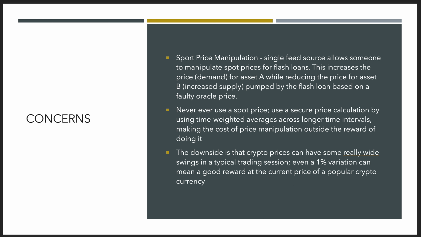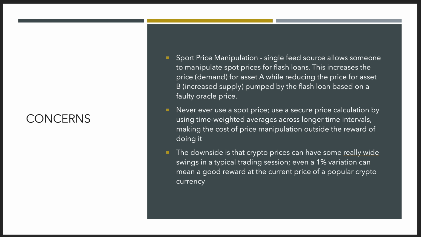And it works out in such a way that you walk away with more money than you would have, right? So you don't ever really want to use spot pricing in terms of your code or time calculation. You really do want more of a secure price calculation by using what they call time-weighted averages across longer time intervals.